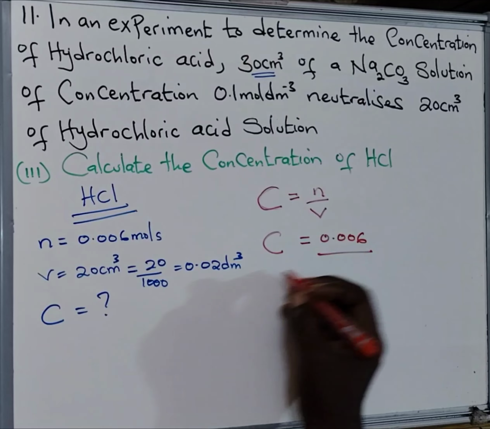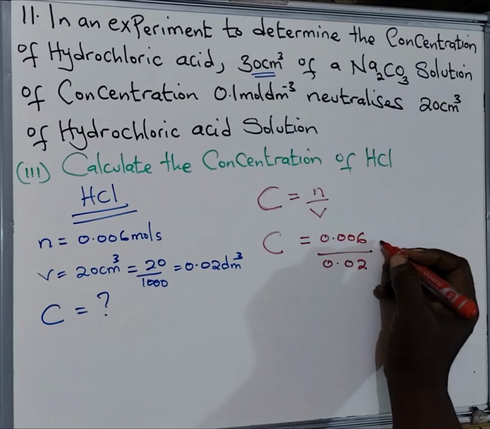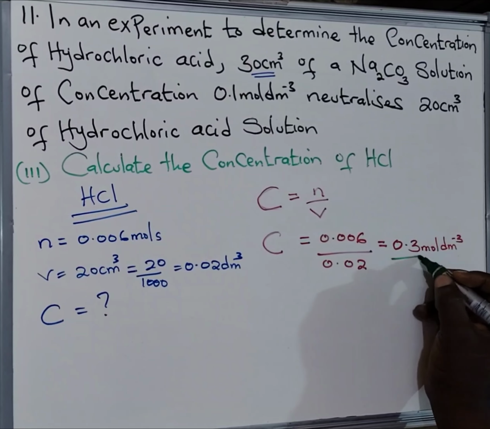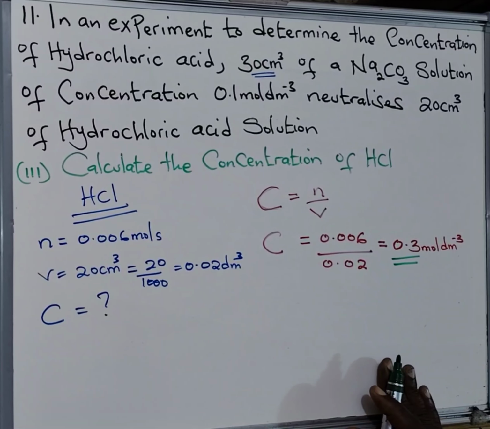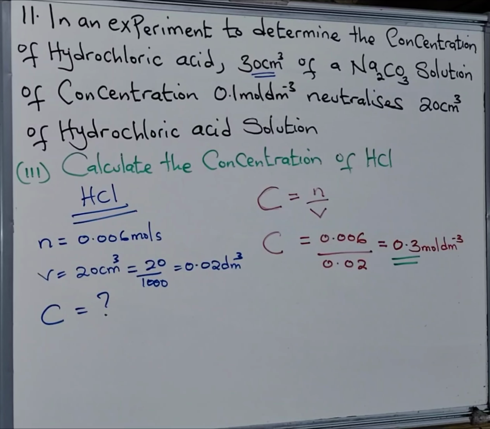And we know V, which is 0.02. What you get out of here is going to be the concentration of hydrochloric acid. Yeah, so this is it. The concentration of hydrochloric acid is 0.3 moles per cubic decimeter.